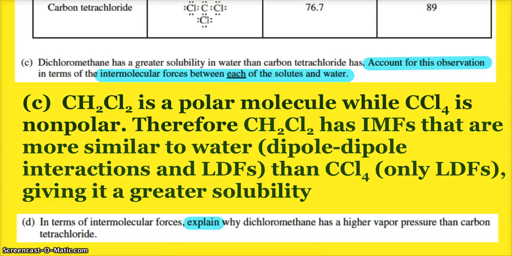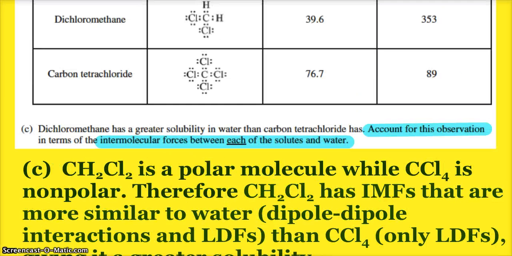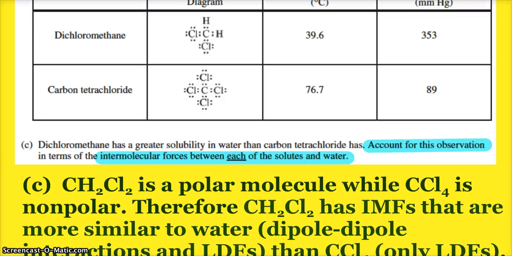Now part D, in terms of intermolecular forces, why does dichloromethane have a higher vapor pressure than carbon tetrachloride? So, while they might not be similar to water, these IMFs in carbon tetrachloride must be greater than dichloromethane. Because think about it, the IMFs are holding the liquid molecules together, not allowing them to vaporize.